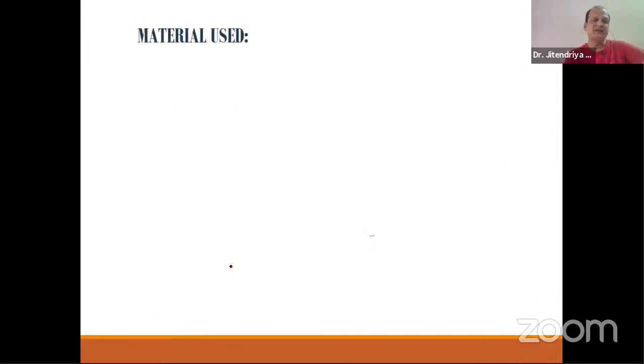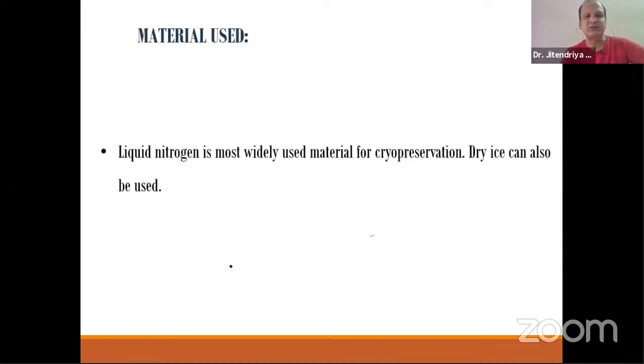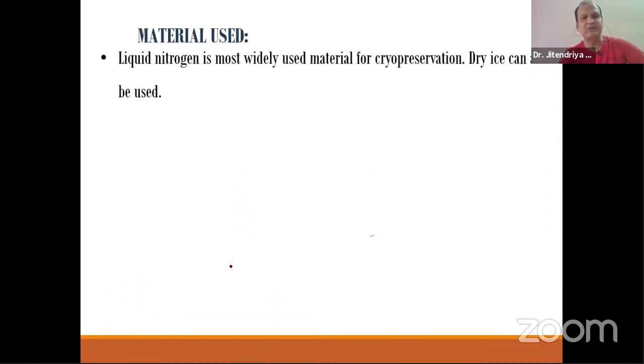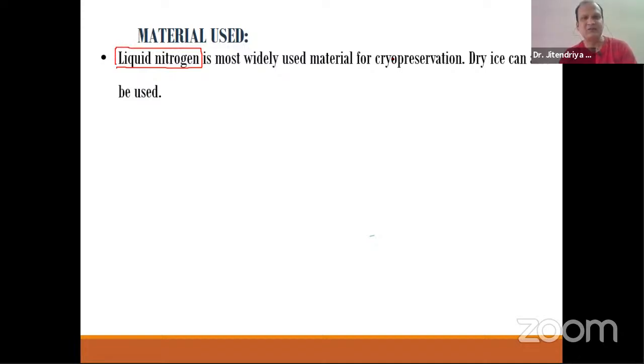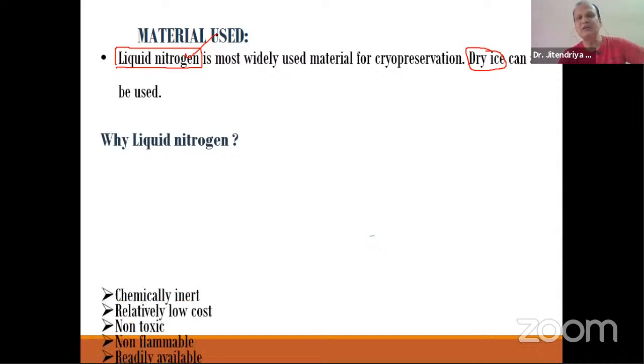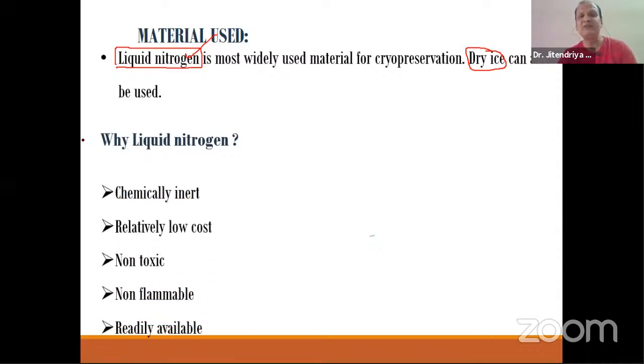What might be the materials used in cryopreservation? The important one is liquid nitrogen. At times, dry ice can also be used, but liquid nitrogen is preferable. Why liquid nitrogen? Because of these features.